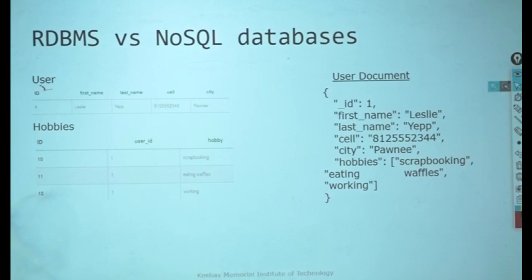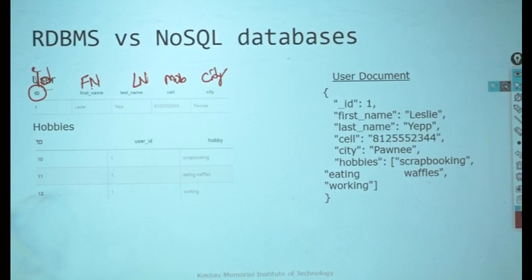I have a user with ID, first name, last name, mobile number, and city. For the last rows, those who couldn't see the column names, I am writing them for you. This is an ID.